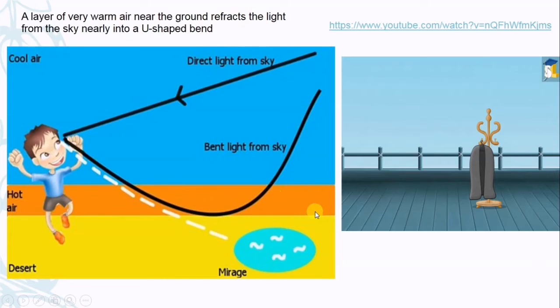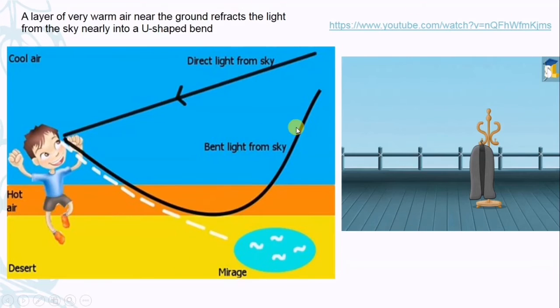Hot air means high temperature, and we learned in previous chapters that temperature is the kinetic energy of particles. When temperature increases, the air particles move faster, they occupy more space, and therefore they become what? Less dense. So the hot air is less dense than the cool air.